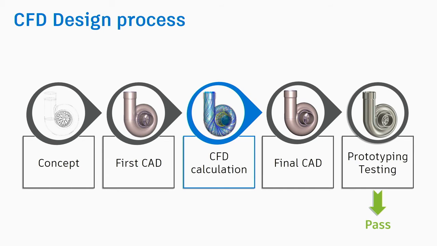You can get the performance of each design. By the way, Autodesk CFD creates automatically for you the performance curve for each pump, so you can make a decision and say, okay, this is my virtual prototype which is ready. It's matching the expected results. I'm going to jump directly forward to prototyping and testing. This is simple.